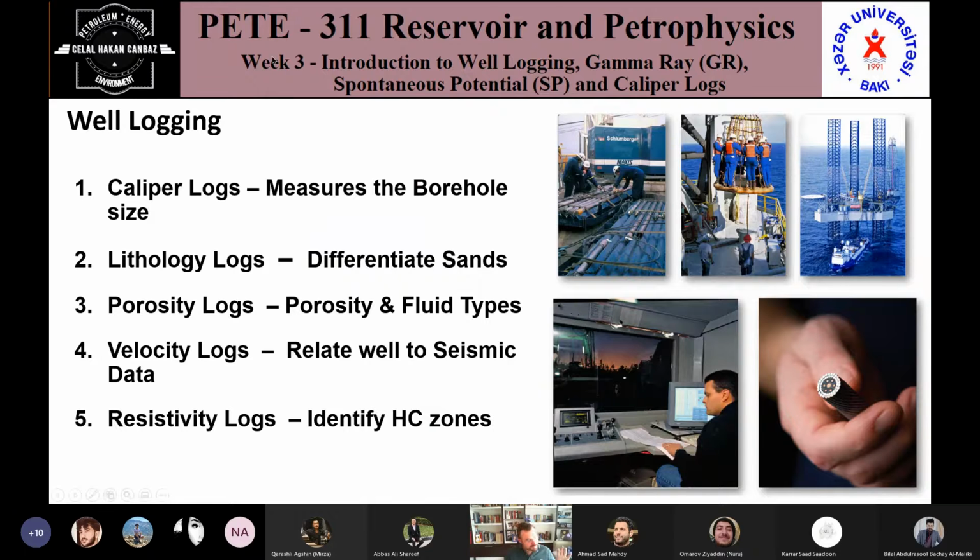So I will focus on 5 different logs. Most of them will be covered. So first of all, caliper logs. Caliper logs are used to measure the borehole size. What did we say? We said open hole logs, right?